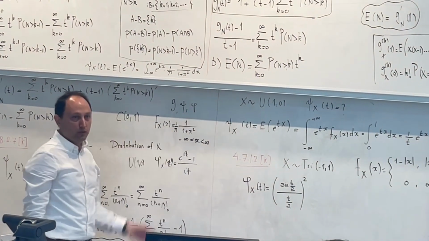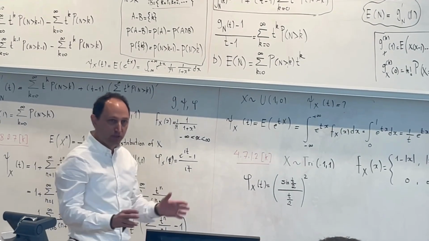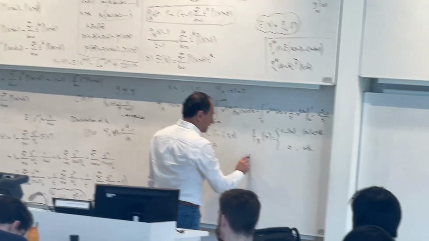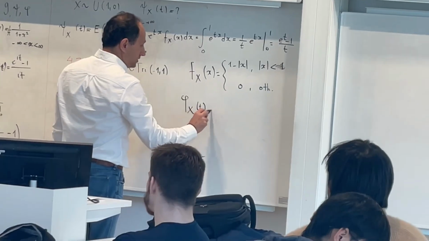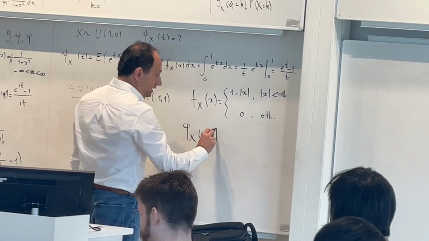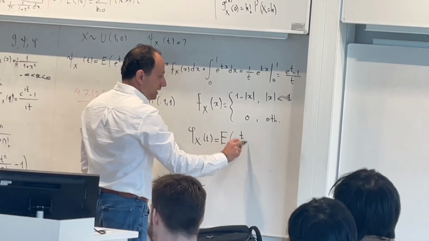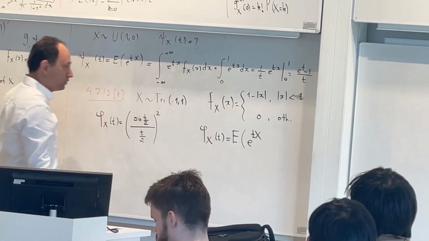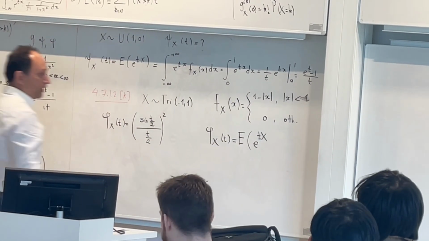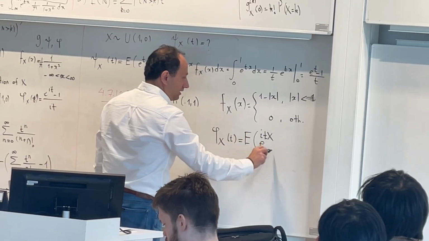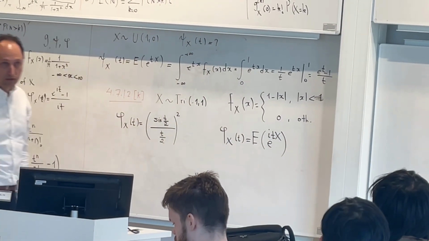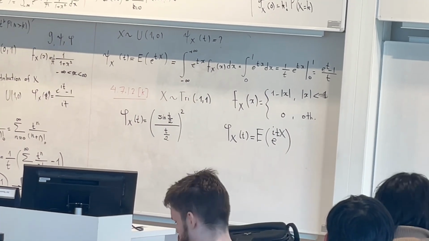And then, do you remember what the definition of this is? They are very similar. So what is the definition of phi x of t? It is the expectation value. Instead of having e to the power tx as for psi, now you have e to the power i t x. No, it's not minus.